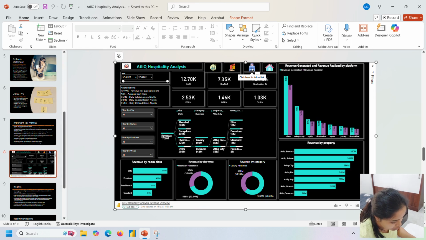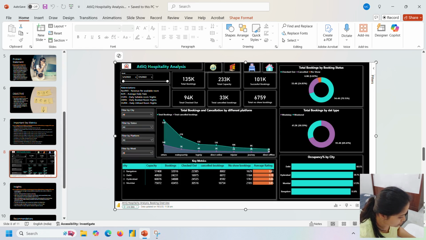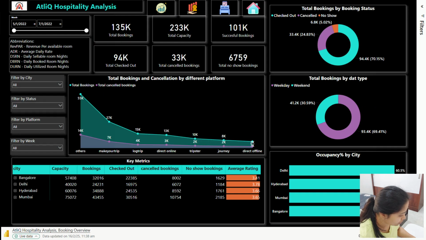Let's move to bookings overview. So this is the bookings overview dashboard. In the same way, we show some different cards here related to bookings, like total bookings, capacity, successful bookings, checkout, cancellation bookings, and no show bookings.